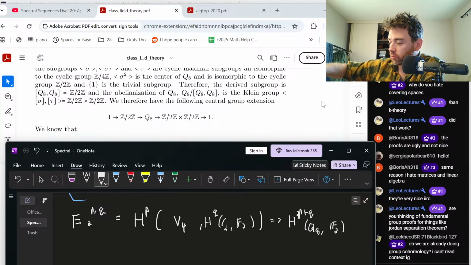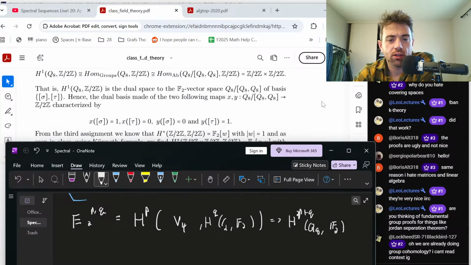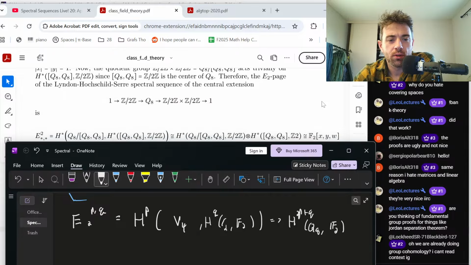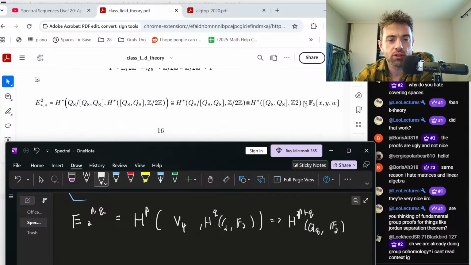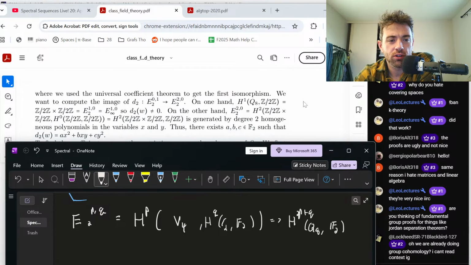We are doing group cohomology. But there's algebraic topology mixed into that. Right. Okay, but what else can we say? So here, we're also using another fact, right? We're using the universal coefficient theorem to get the first isomorphism.